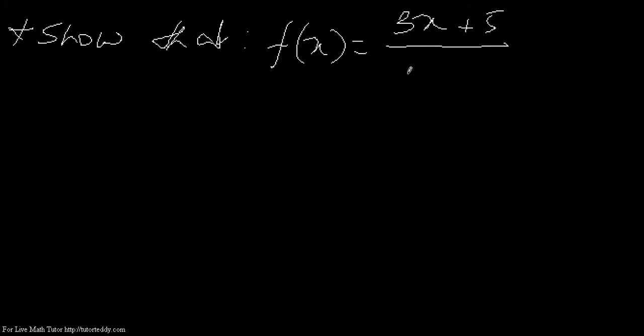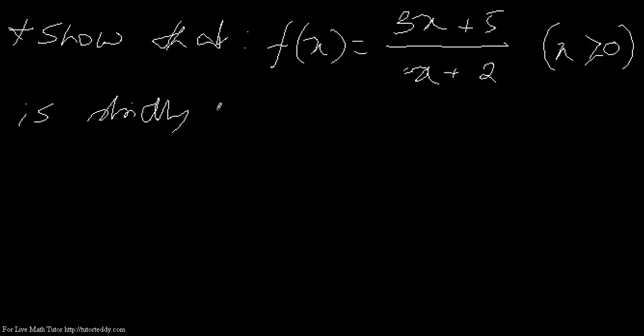So let's take that function f(x) equals (3x + 5) over (x + 2), where x is a positive number, that is x greater than or equal to 0, and show that it is a strictly monotonically increasing function.